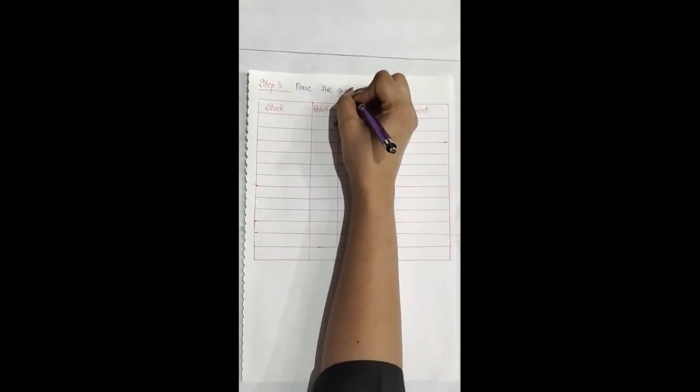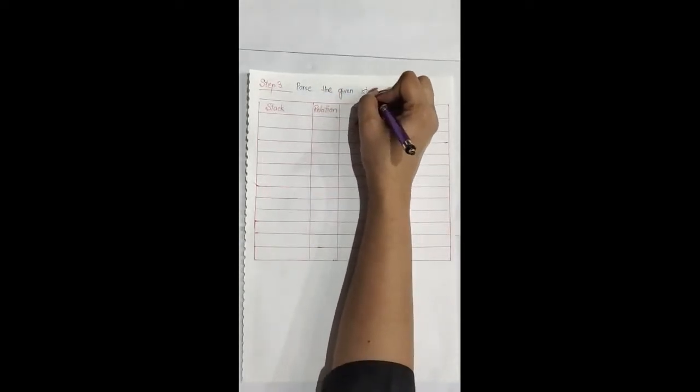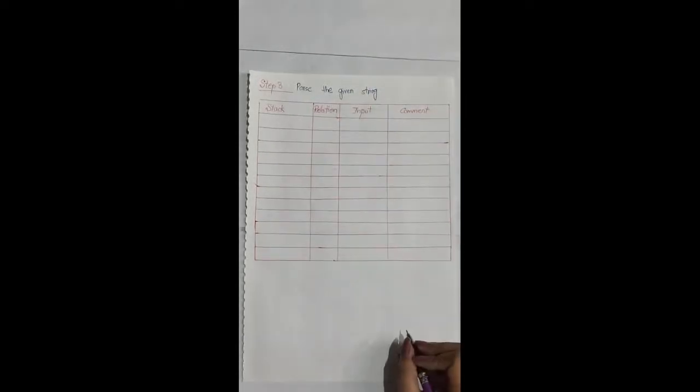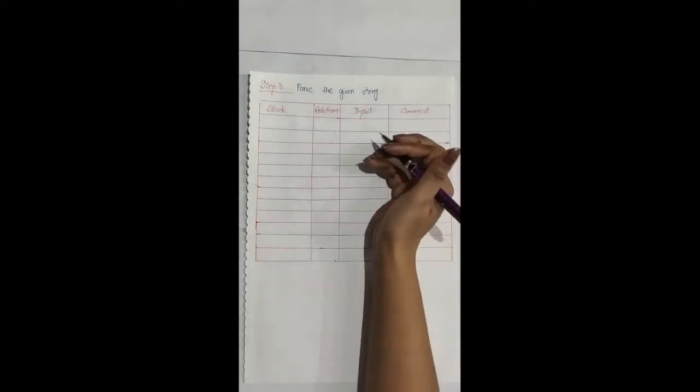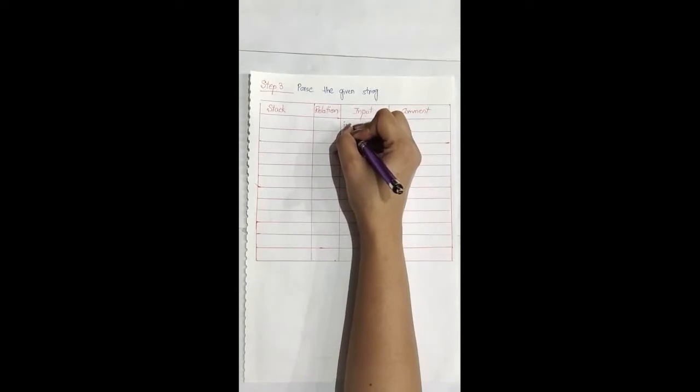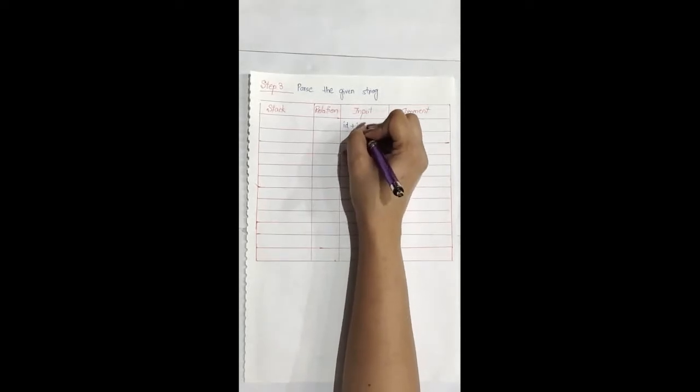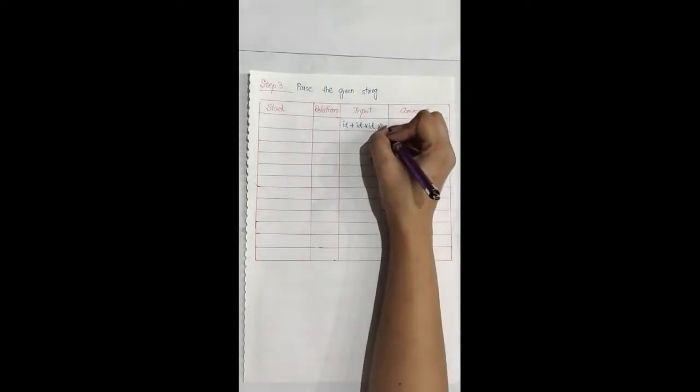Parse the given string. Now what we have to do? We have to create a table, and this table will have 4 columns: stack, relation, input, and a comment. Input will always contain the given input string ID plus ID asterisk ID. This is the given string and dollar mark.